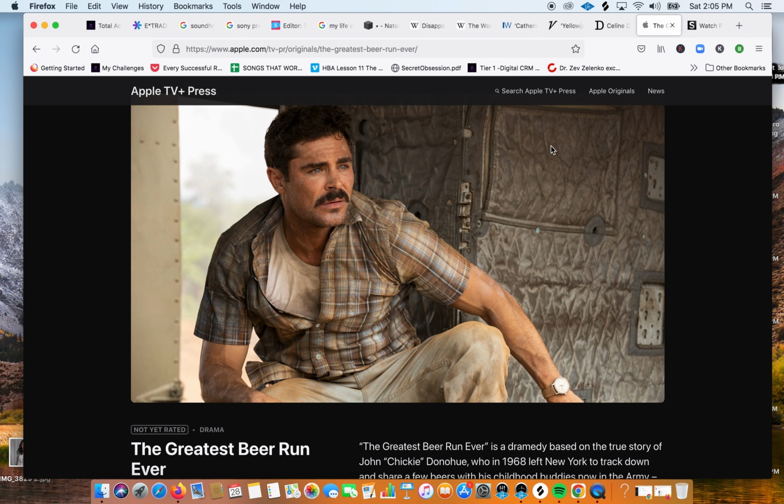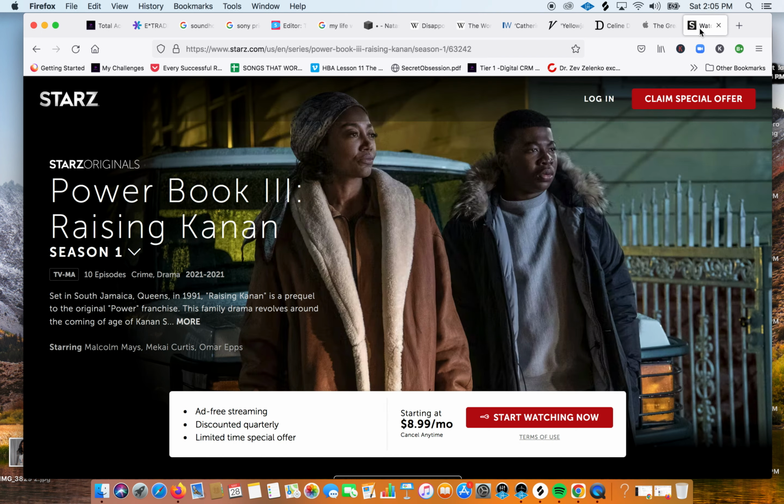And then the last one is my favorite because I'm a super fan of the whole Power universe. Power Book 3 is coming back. It has a release date for late summer, like normal, like back in the day when there was only one Power. And we have a client that just placed on Power Book 4 this last season. So we're super bullish on this show. And we know the show's all music, right?